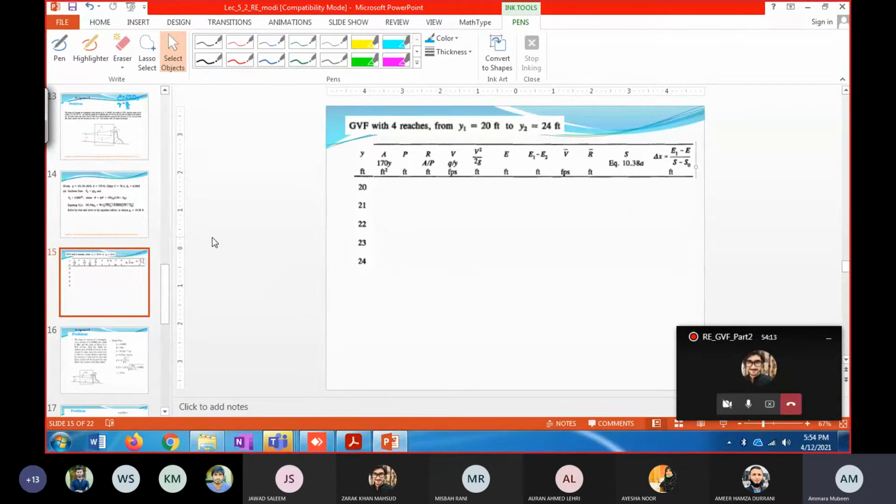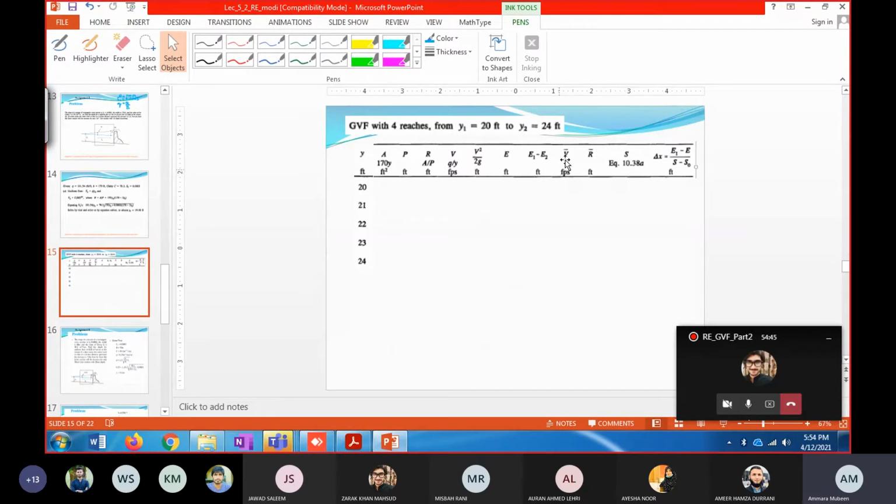If you want to calculate the slope of the energy line, S, you need to calculate the mean of the slope of the energy line.